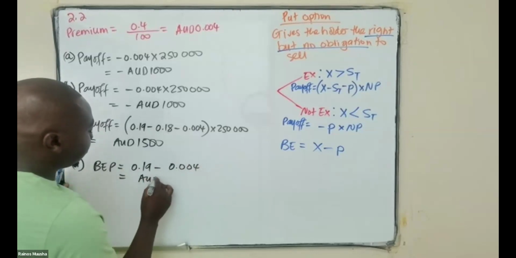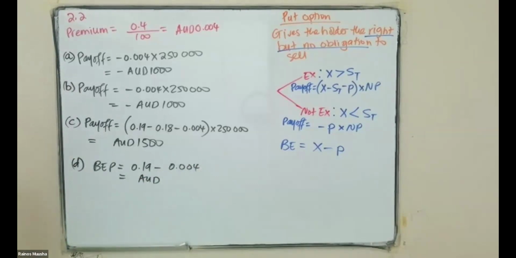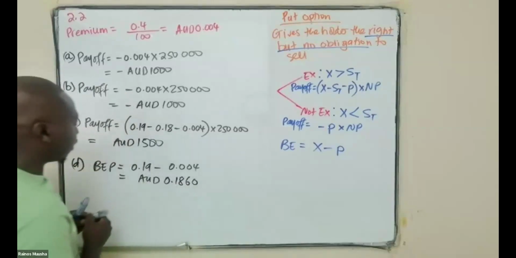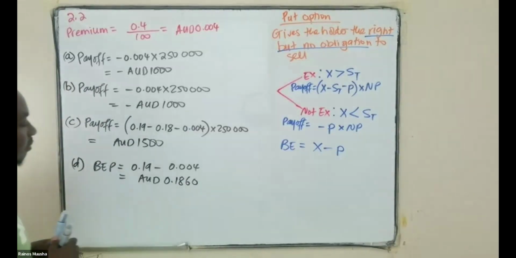So what would be the break-even point in this case? $0.1860. So 0.1860, that would be the break-even point. So that is the break-even exchange rate.